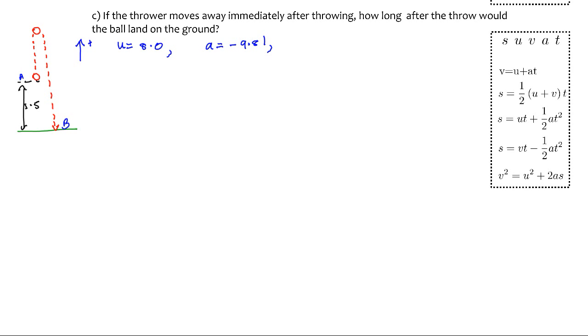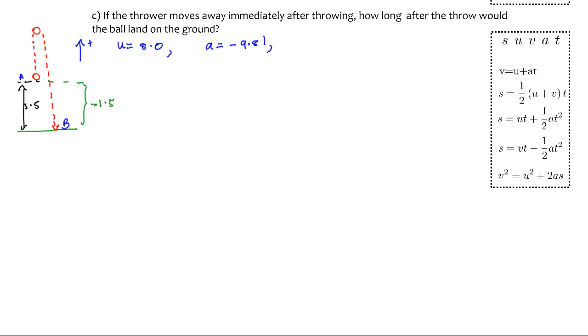How do I relate the position B to position A? The way I relate it is I look at the distance between A and B, and the displacement at the end of this period would be 1.5 meters. But because the ball was here and it ends up below where it started and upwards is my positive direction, this displacement is a negative displacement of 1.5.